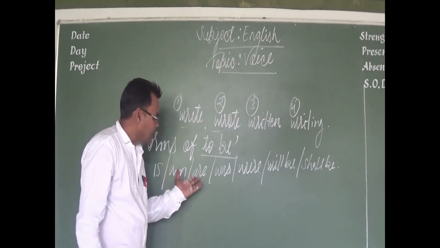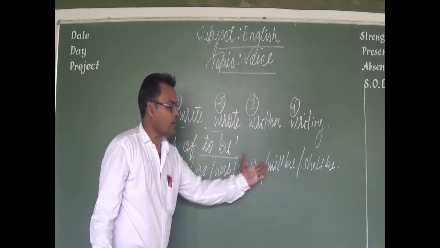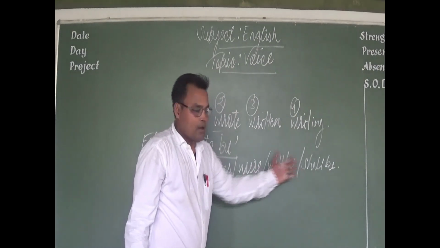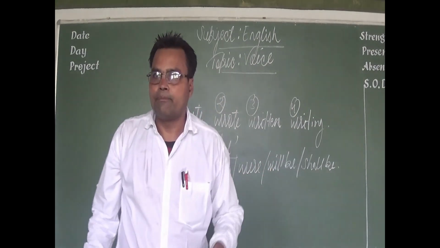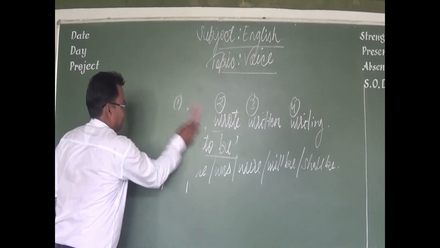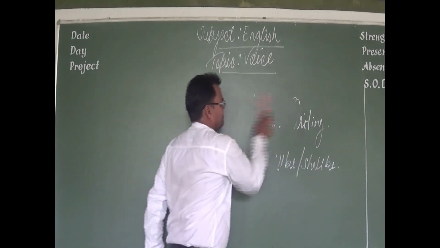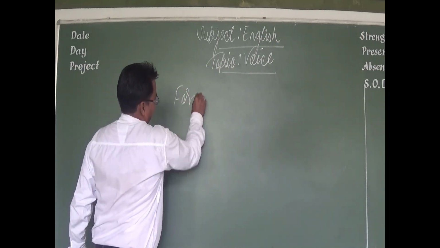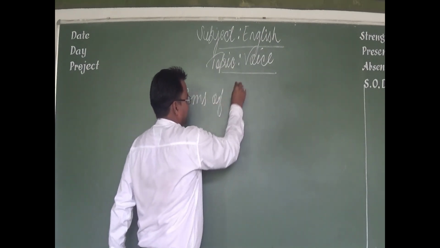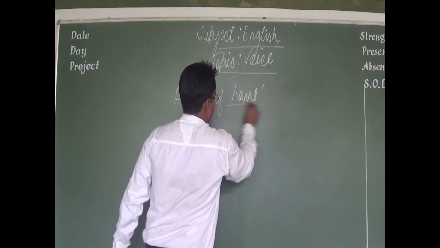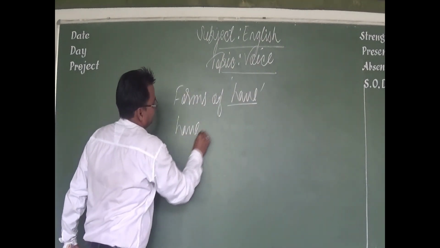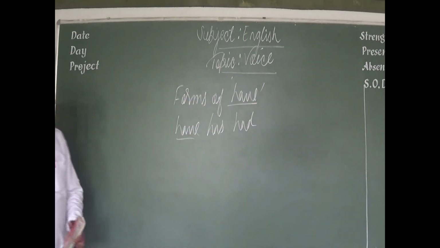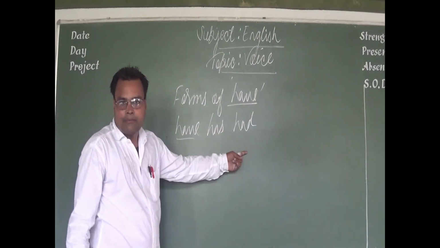Is, am, are, was, were, will be, shall be. Is it clear to everybody? So what are forms of to have? Forms of have are have, has, have.